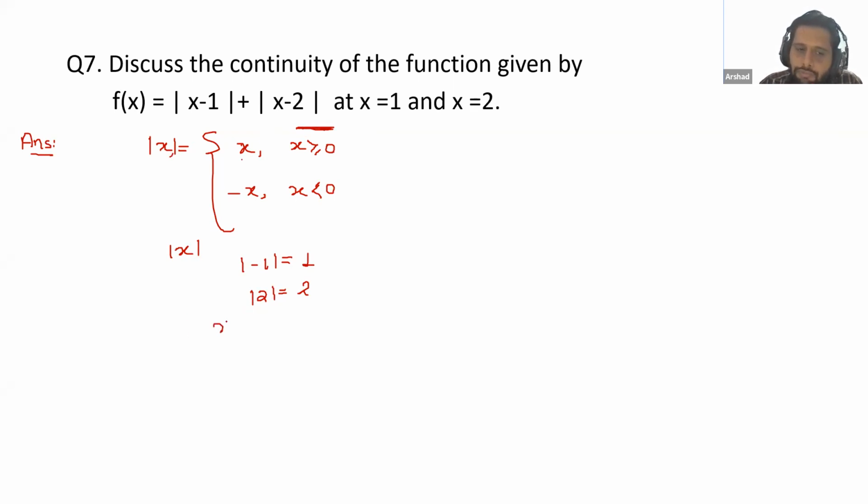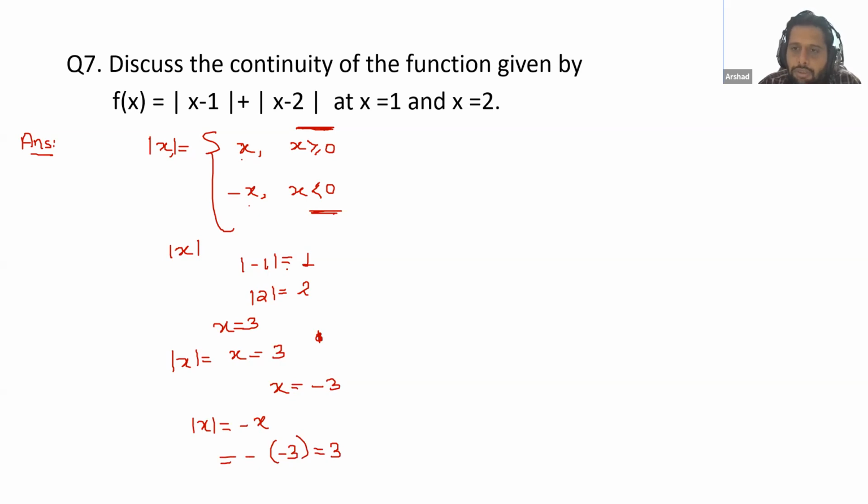So for example, if you put the value 3, then for mod x we use x only, so that means 3. If you put a number which is less than 0, for example minus 3, then for mod x we have to use minus x. Now, if you put minus 3 in this place, it becomes positive.